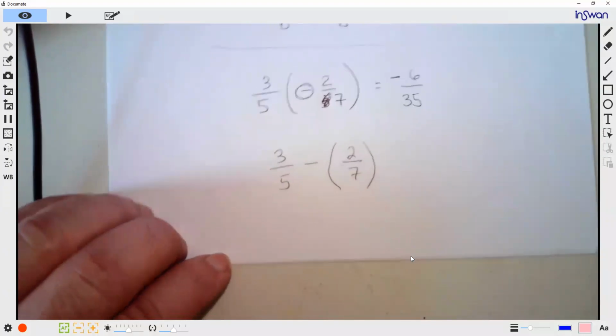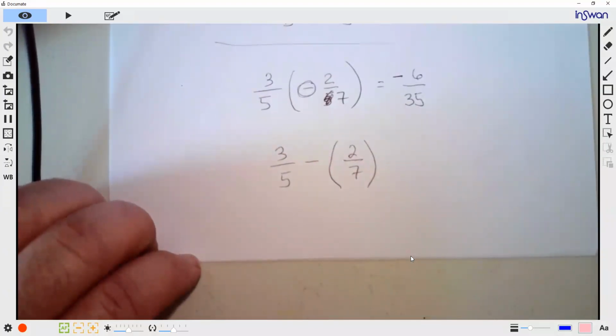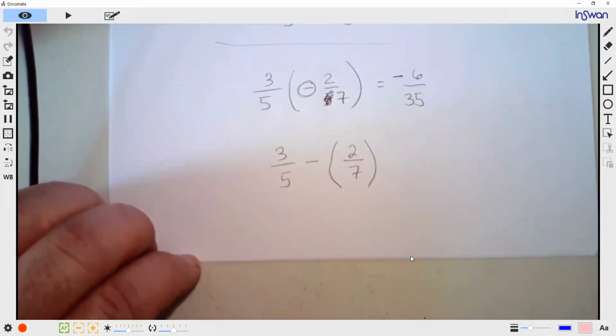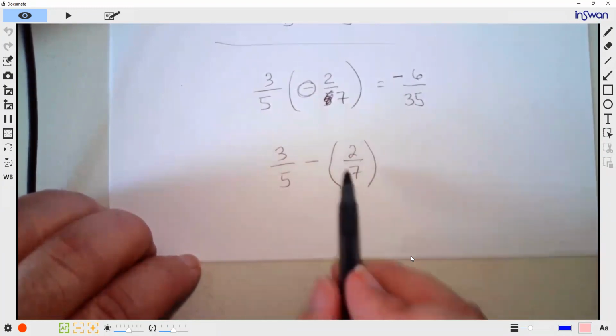What would you do here? Well, it's a subtract this time around, isn't it? Because the subtract sign is outside of the parentheses. Yes, perfect, exactly. So the parenthesis doesn't mean anything; there's just nothing in there.